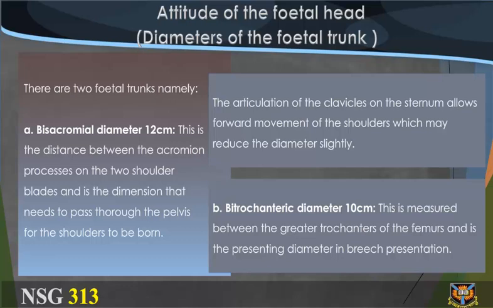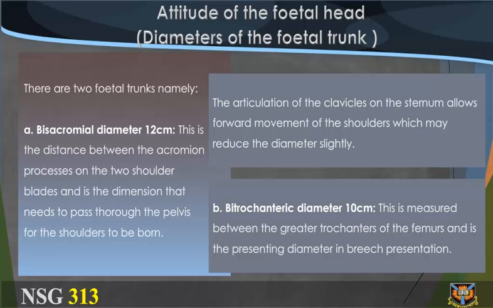This is the distance between the acromion processes on the two shoulder blades, and it is the dimension that needs to pass through the pelvis for the shoulders to be born. The articulation of the clavicles on the sternum allows for movement of the shoulders, which may reduce the diameter slightly.